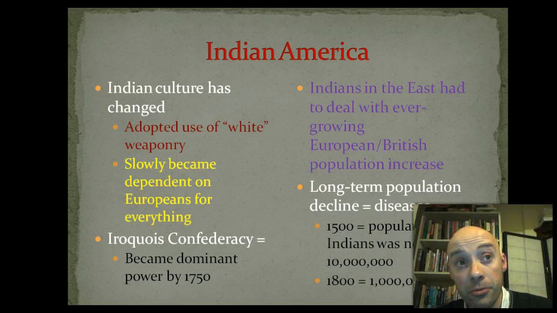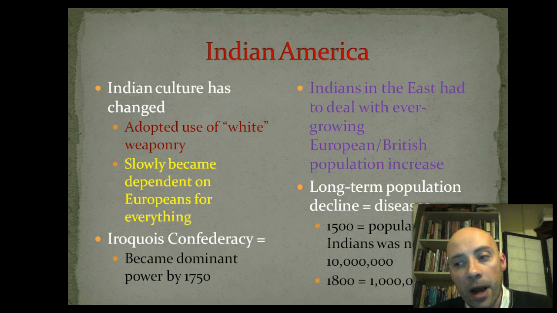So they would want to show status, perversely enough, among the Indian tribes by adopting white consumer goods as signs of status. So you see the Indian local economy becoming dependent on the Europeans, and they're only remaining competitive militarily due to their use of white weaponry.